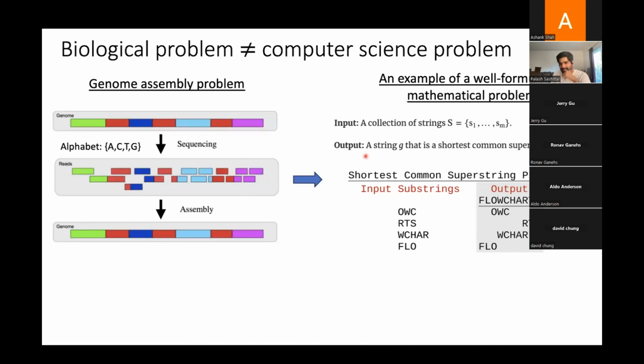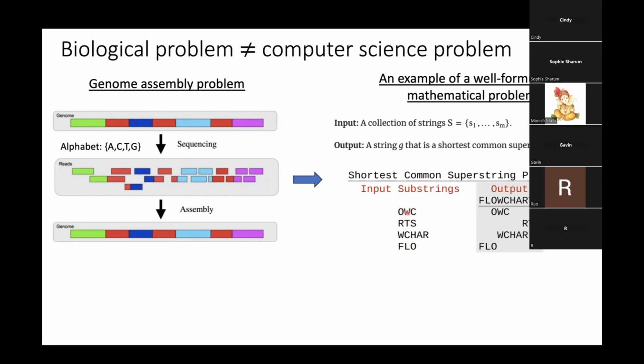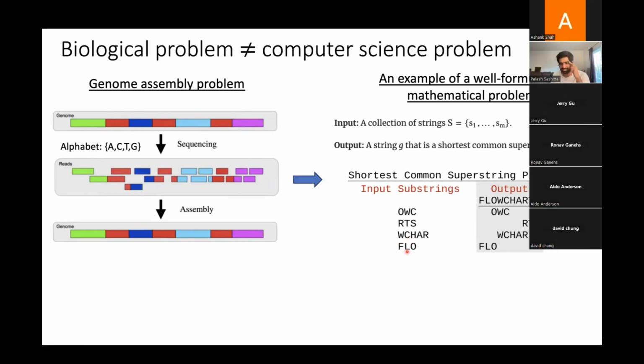And the output would be, well, one way to formulate this problem would be, can you find me a string G that is the shortest common superstring of this set S. So what that means is, can you find me a longer string such that all these sequences that are given to me as input are substrings of that original string.